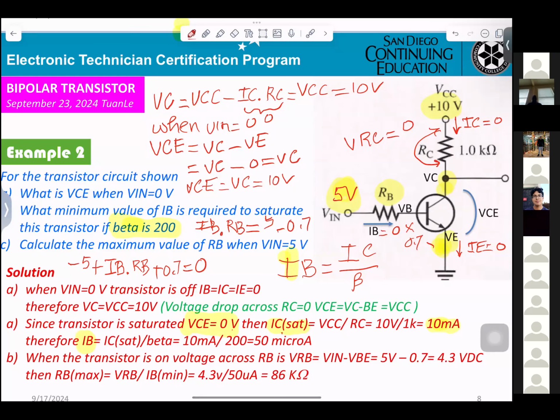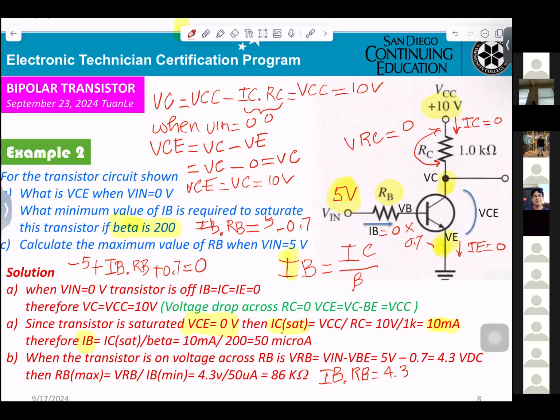So basically you get IB times RB equals 4.3. So if you want to get RB, you take 4.3 divided by IB.